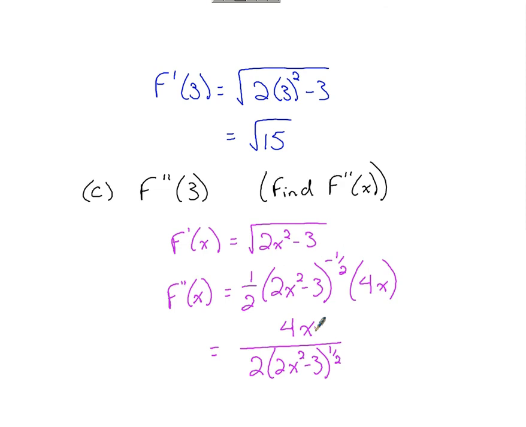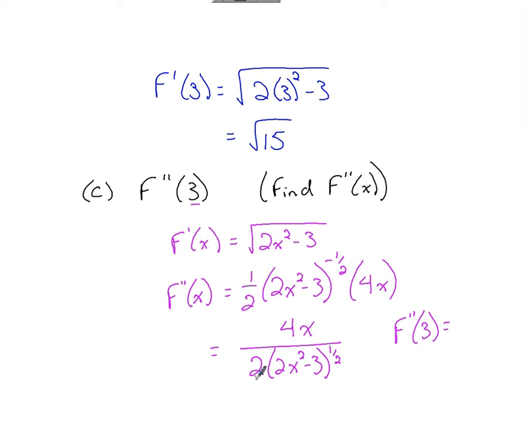So to find f double prime of 3, we had to find the second derivative first. Now we've got the second derivative. So let's take 3 and plug in for our x's down here. Plugging in, f double prime of 3 is going to equal, now let's see, this would be 12, right?